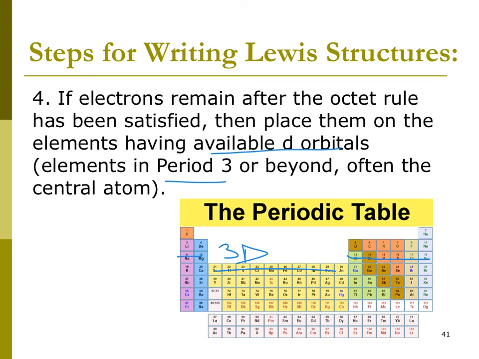Even sodium and magnesium would have empty 3d orbitals because they have a third energy level. Those orbitals exist, they are just empty. So anything in the third period and below can have an expanded octet, which means groups 1 and 2 are the only ones that absolutely cannot.